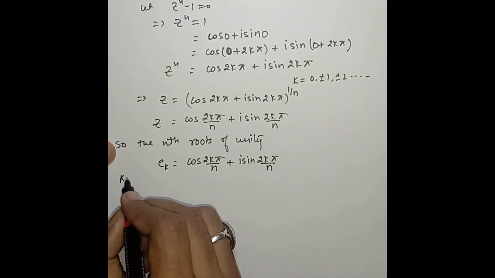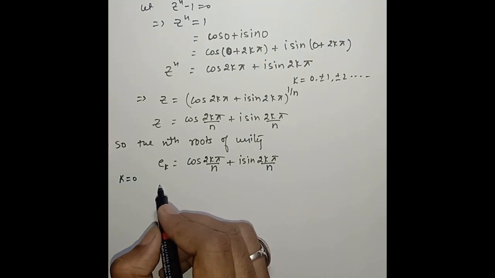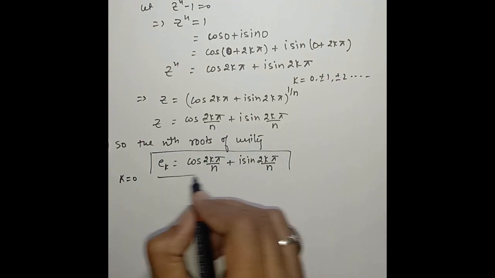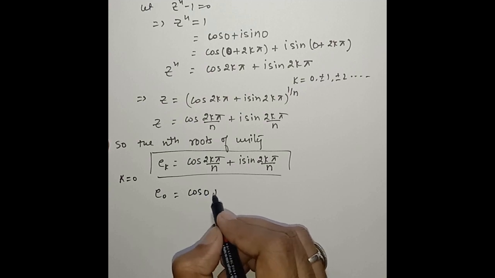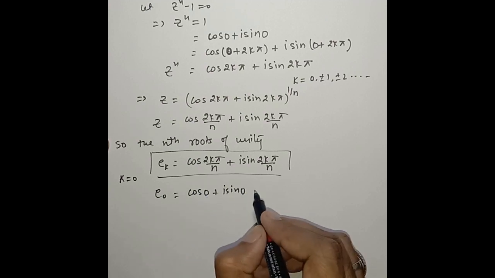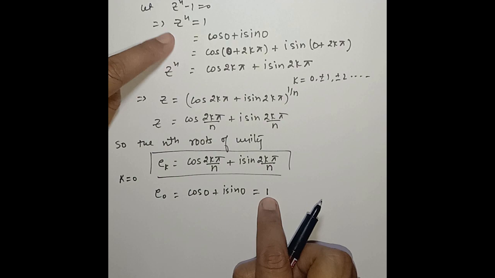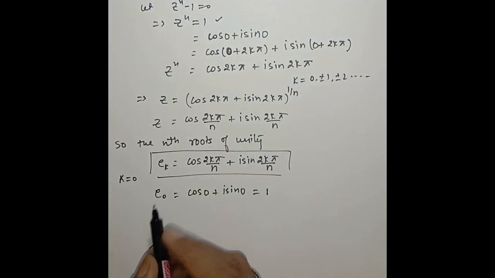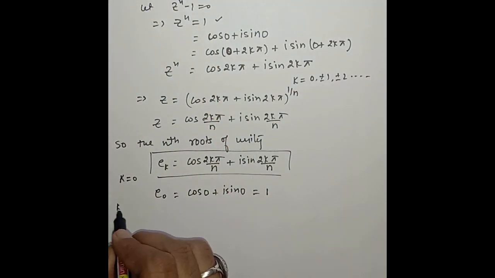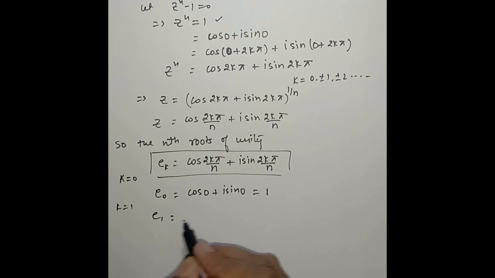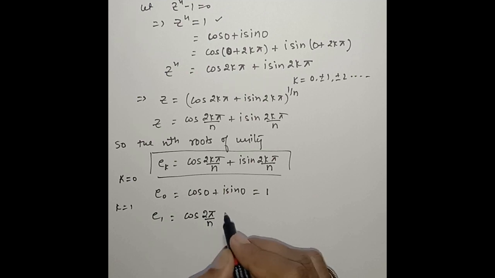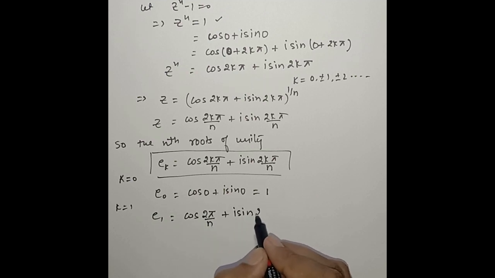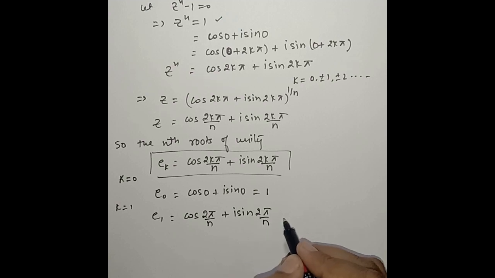For k is equal to 0, we can check. E0 is equal to cos 0 plus i sin 0, which is equal to 1. 1 always satisfies this equation. For k is equal to 1, E1 is equal to cos 2 pi by n plus i sin 2 pi by n.